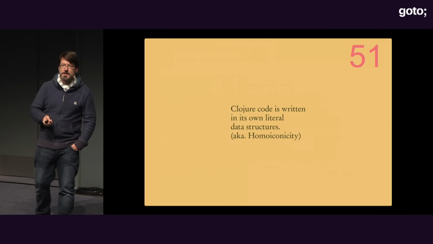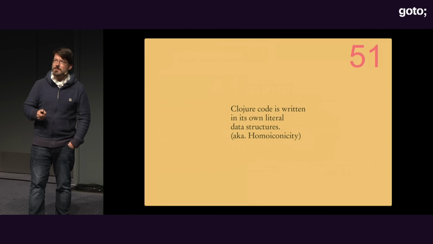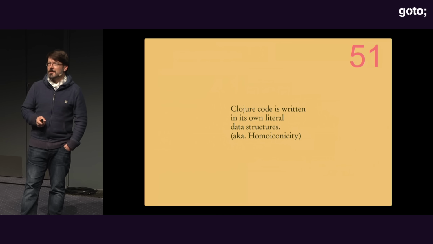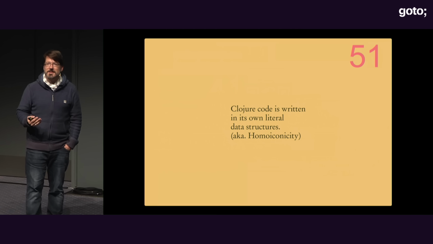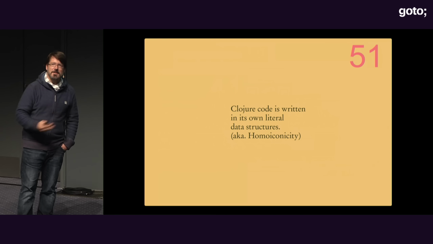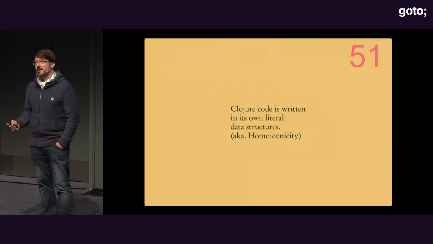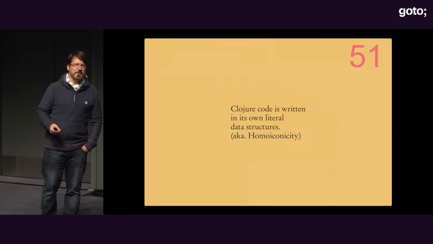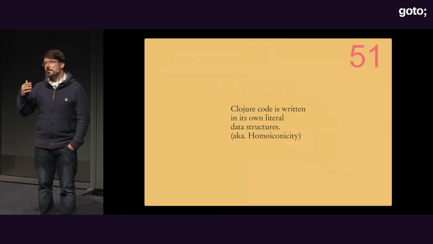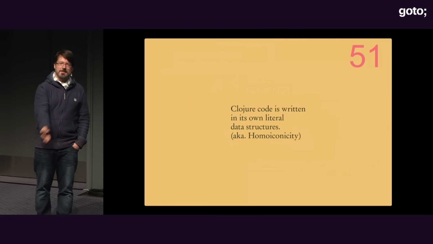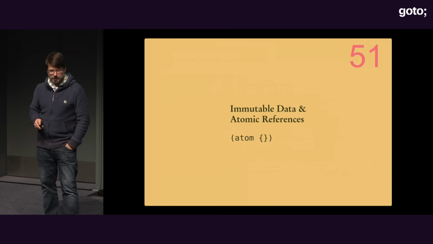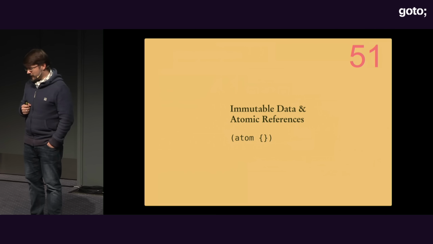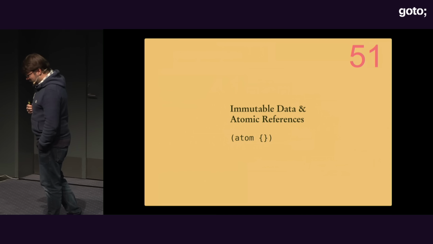So Clojure code is written in its own literal data structures. And that, combined with macro facilities, gives you tremendous power over the language. Everything you know from other languages that falls into the category metaprogramming is replaced with these concepts. There is one last thing before we go into the code.